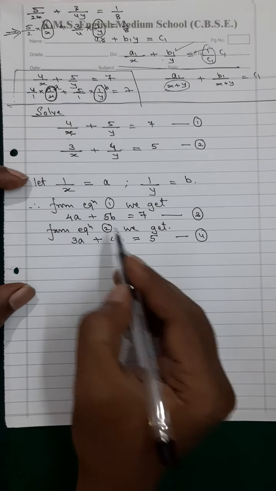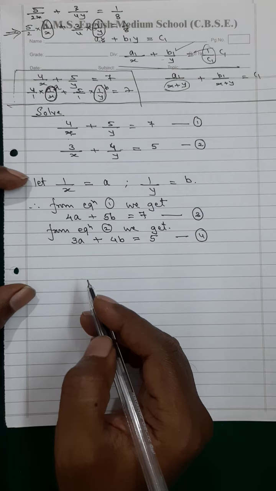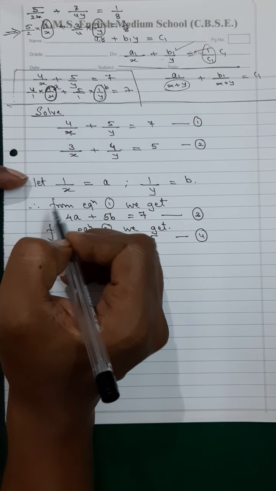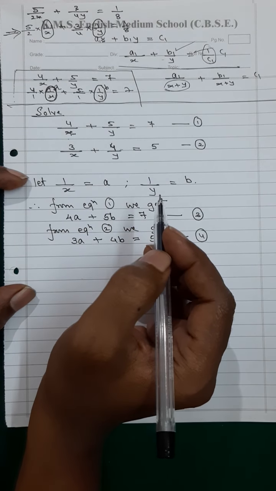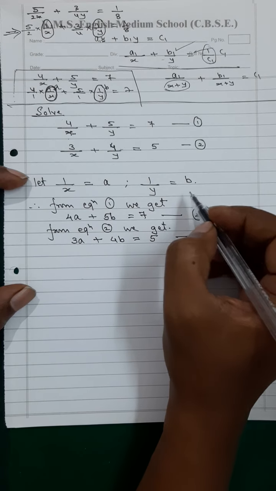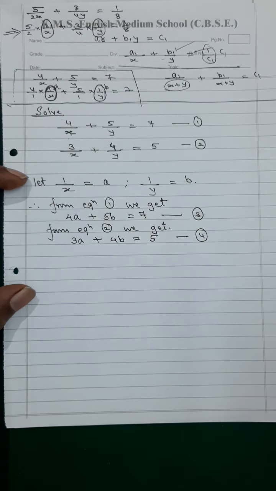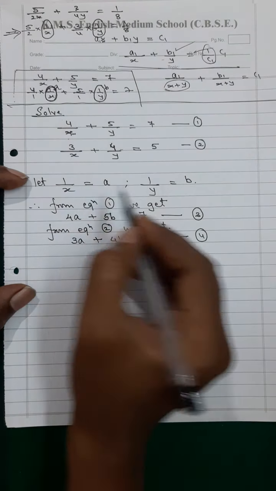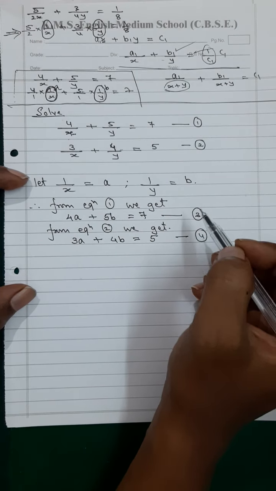Now you have to just solve this. Now here let 1 upon x be equal to a, 1 upon y be equal to b.